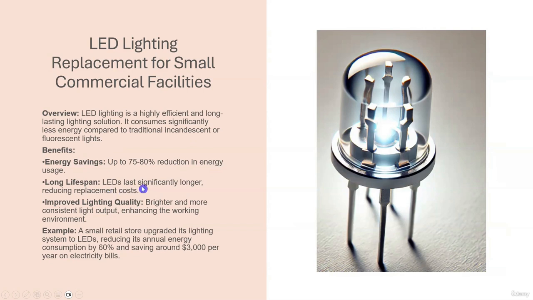Long lifespan, LEDs last significantly longer, reducing replacement costs. Improved lighting quality, brighter and more consistent light output, enhancing the working environment. Example, a small retail store upgrades its lighting system to LEDs, reducing its annual energy consumption by 60% and saving around $3,000 per year in electricity bills.